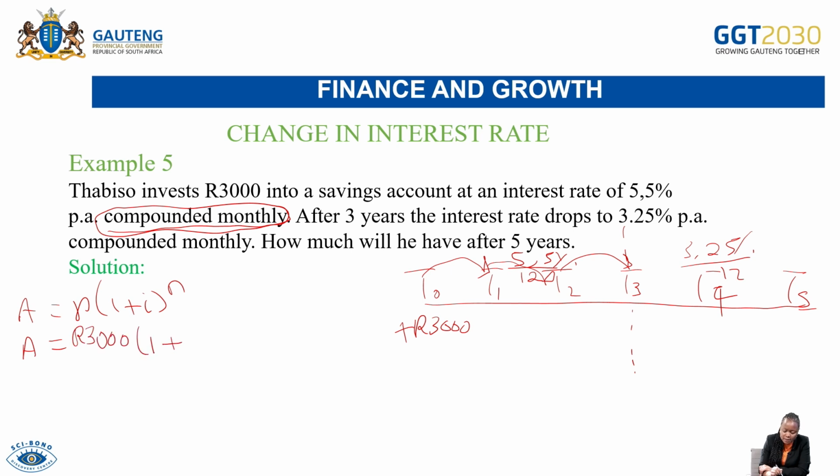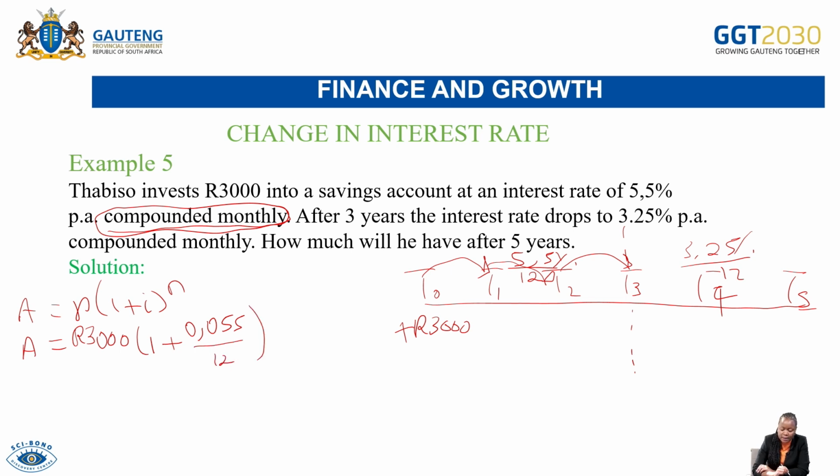So it's 1 plus your i, we said it is 5.5%, right? Remember, you can't just substitute 5.5 as it is. You need to say 5.5 divided by 100. Then you will get 0.055. And then since it's compounded monthly, you need to divide it by the 12.